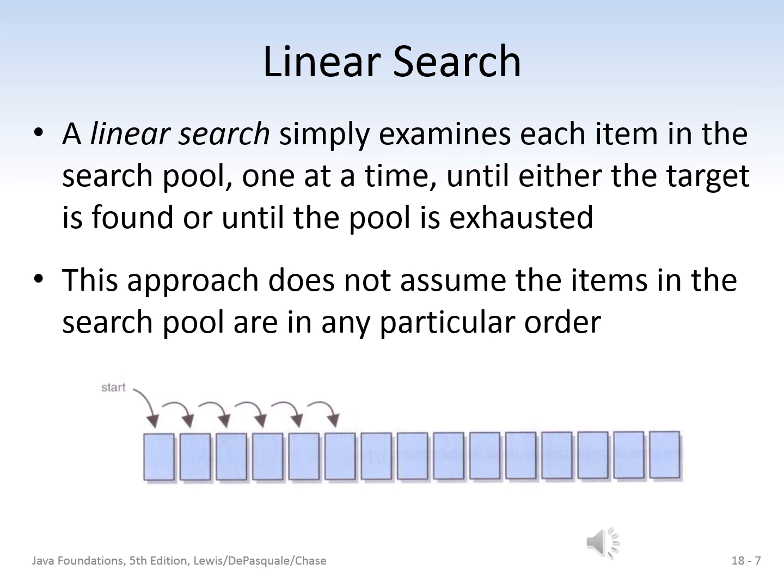This linear search does not assume the items in the search pool are in any particular order, i.e. sorted. It really doesn't matter if they are sorted. It's not going to cause any problems. It's going to work whether they're sorted or not.